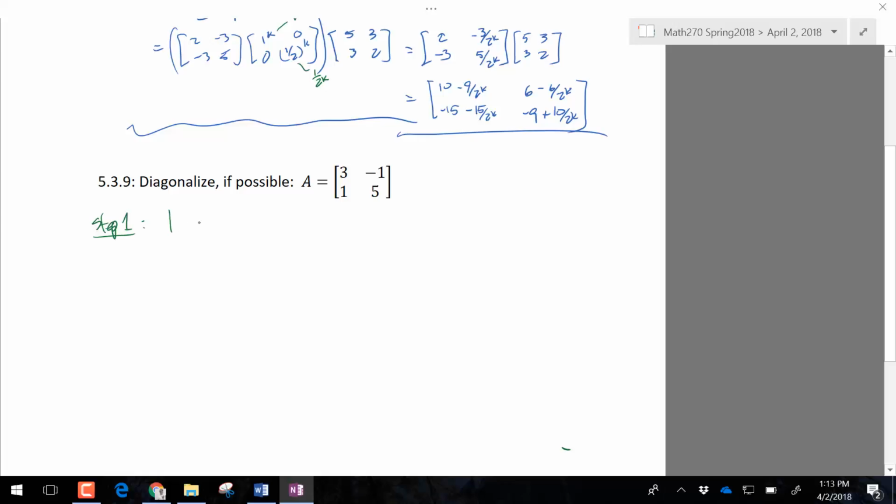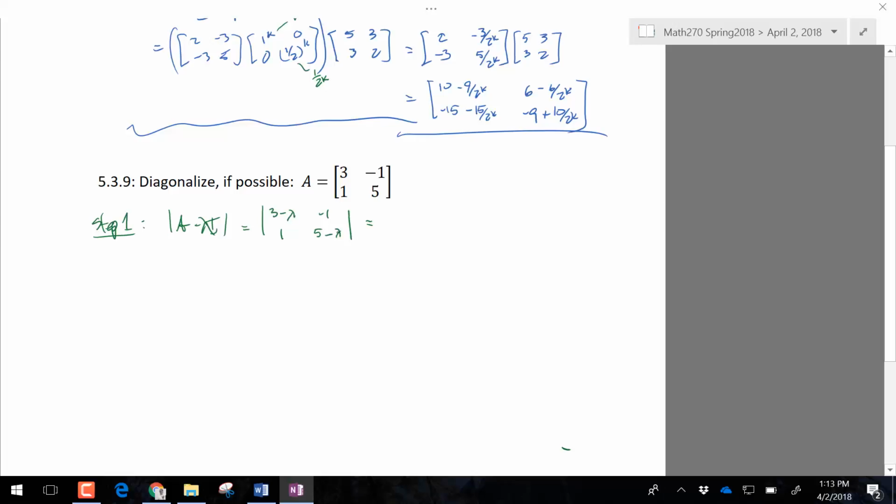So the characteristic polynomial is going to be the determinant of A minus lambda I. So we got 3 minus lambda, negative 1, 1, and 5 minus lambda.